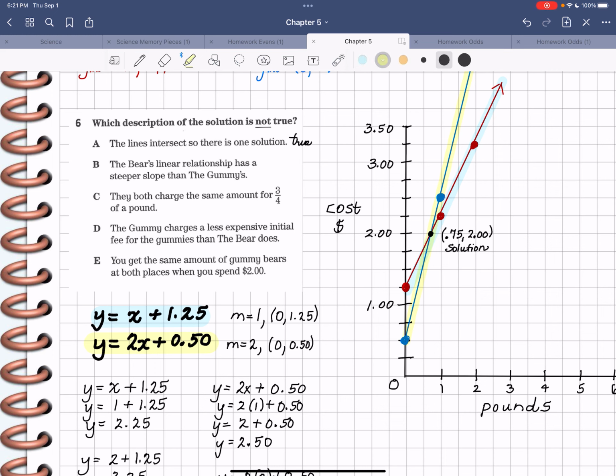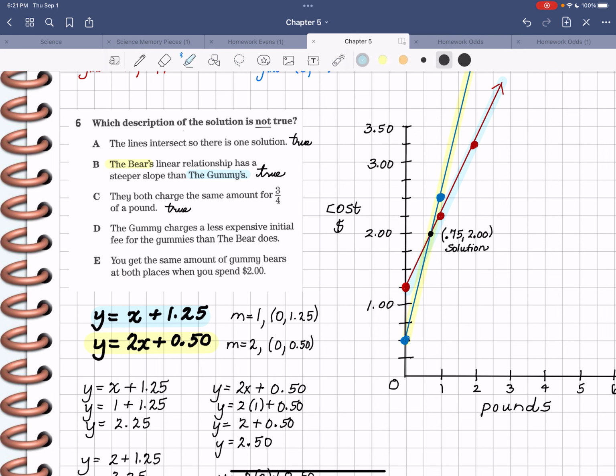The bear's is what I've highlighted in yellow, and the gummies I've highlighted in blue. So the yellow line is steeper than the blue line, and that is true. They both charge the same amount for 3/4 of a pound. That is true. That's where the intersection is occurring. They both charge $2 at that point.